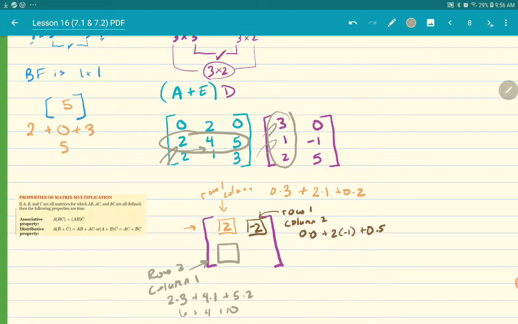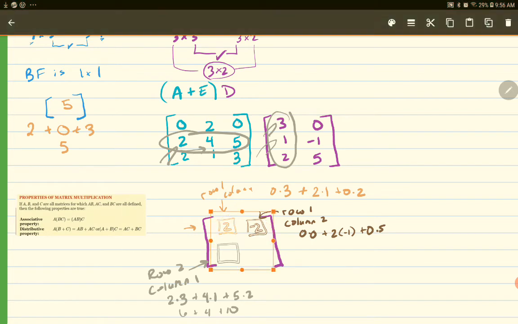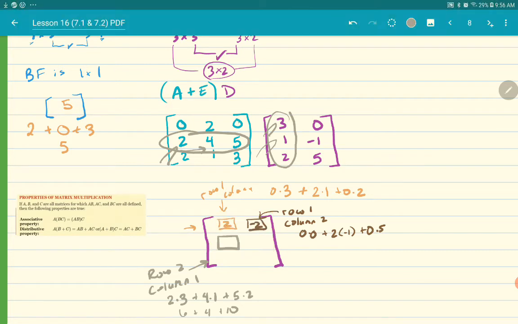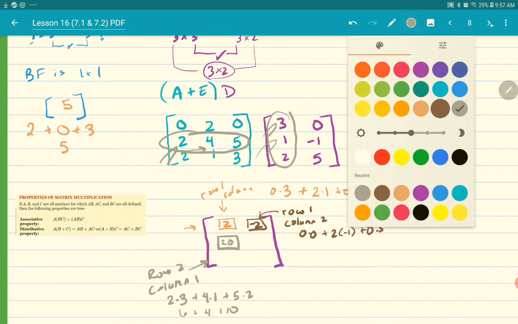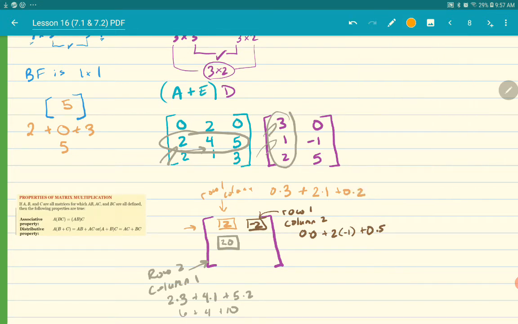Oh, you know what? I think I messed up because I said this matrix is 3 by 2, but I made my boxes too big, so I need to leave 3 numbers there. There we go. So that should be a 20. Okay, so following that same process, I'm just going to keep going. I'm done with those, so I'll erase these.